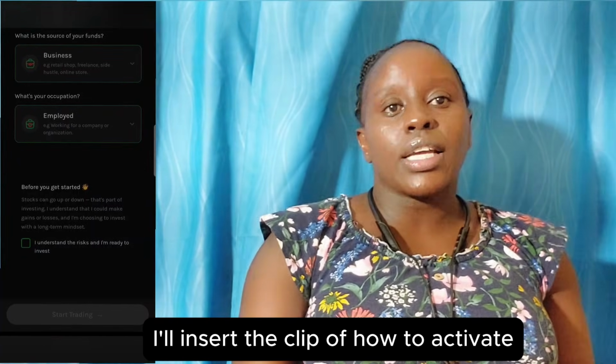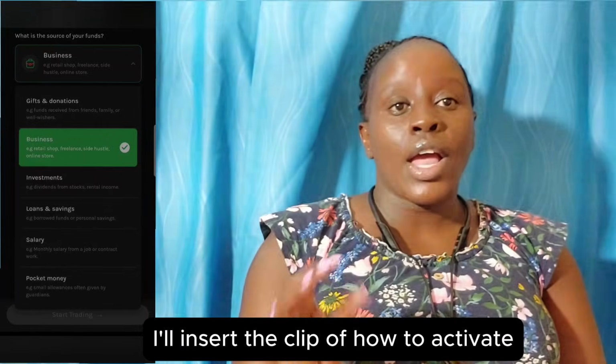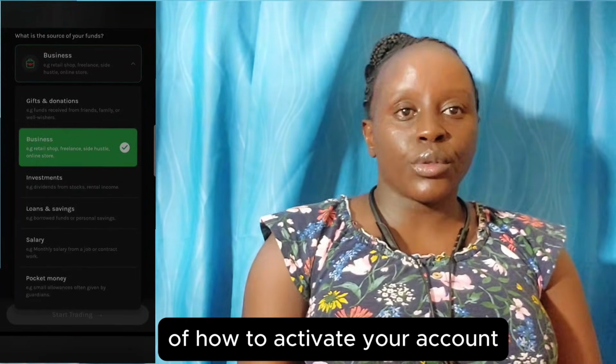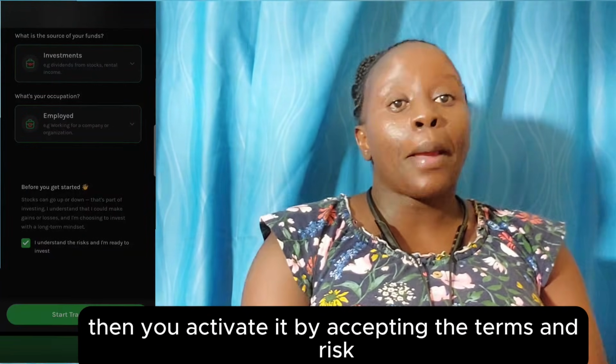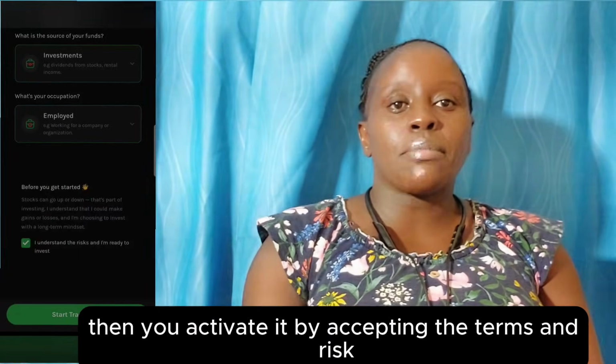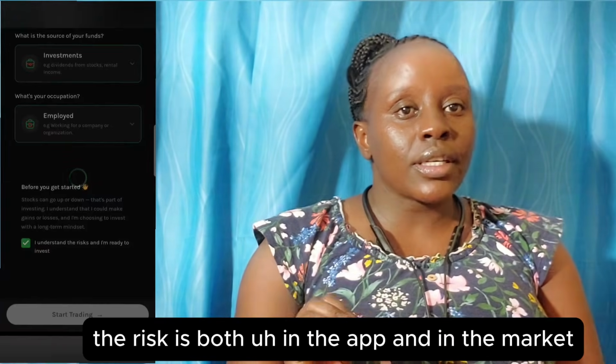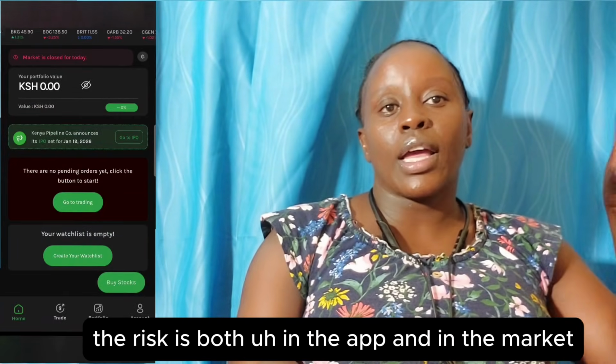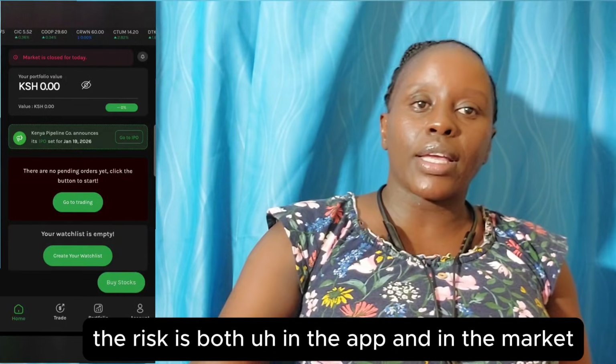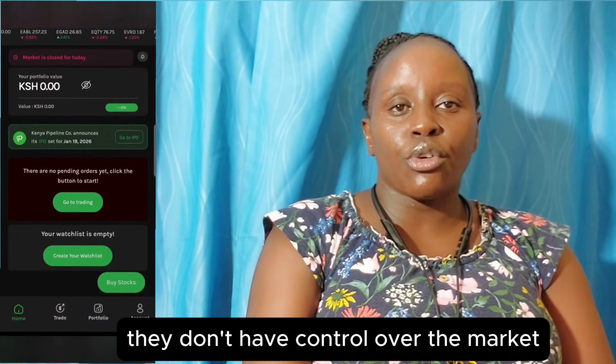I'll insert the clip of how to activate your account. Then you activate it by accepting the terms and risk. Remember, the risk is both in the app and in the market, because basically they don't have control over the market.